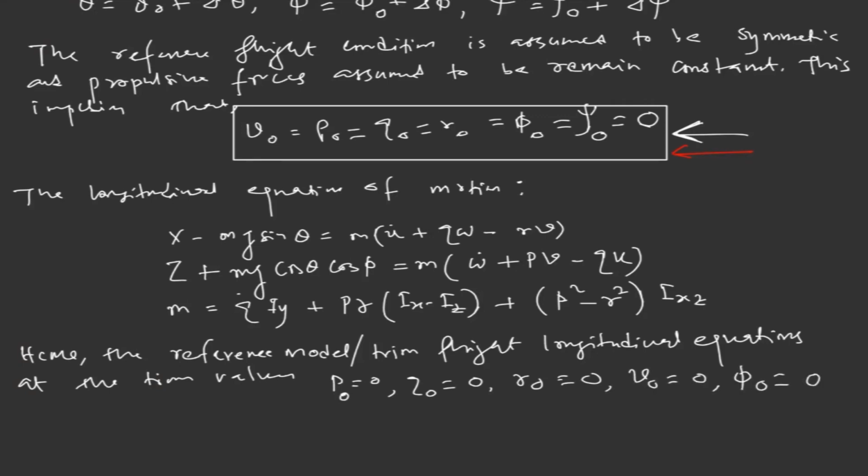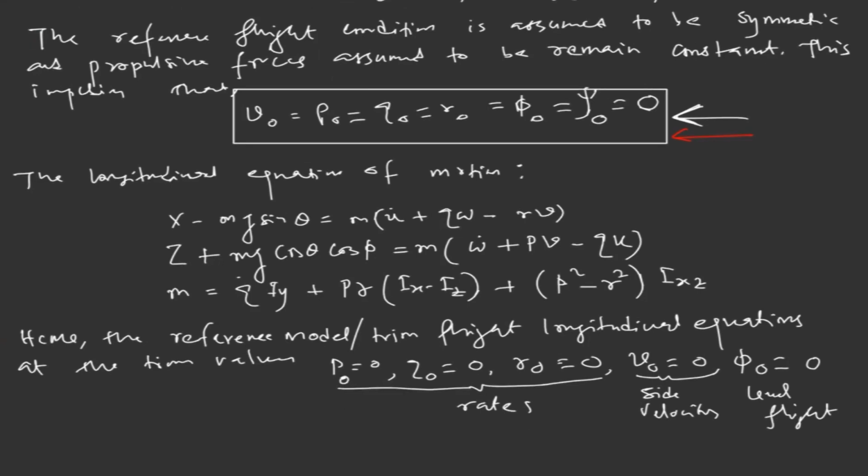So in this condition, the rates of the aircraft at trim condition should be 0. This is basically side velocity, and this is level flight. So these are the conditions that need to be maintained for the trim condition of the longitudinal flight of the aircraft.